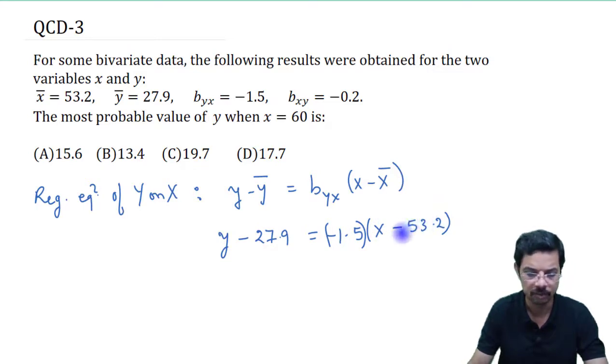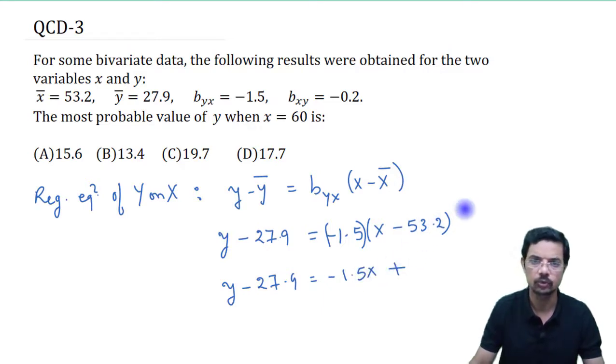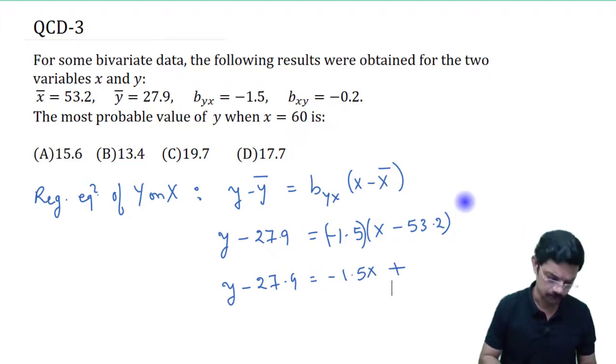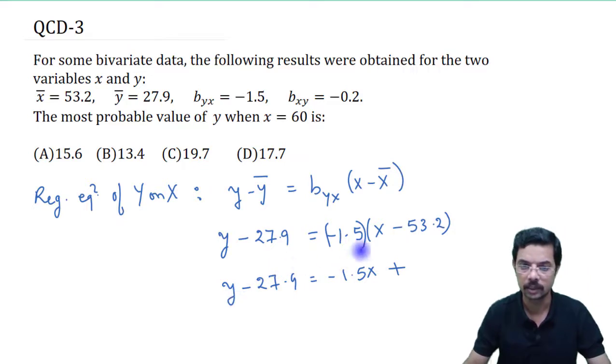So simplifying, we get y minus 27.9 equal to minus 1.5x plus 53.2 into 1.5. Let me calculate: 1.5 into 53.2 gives 79.8.